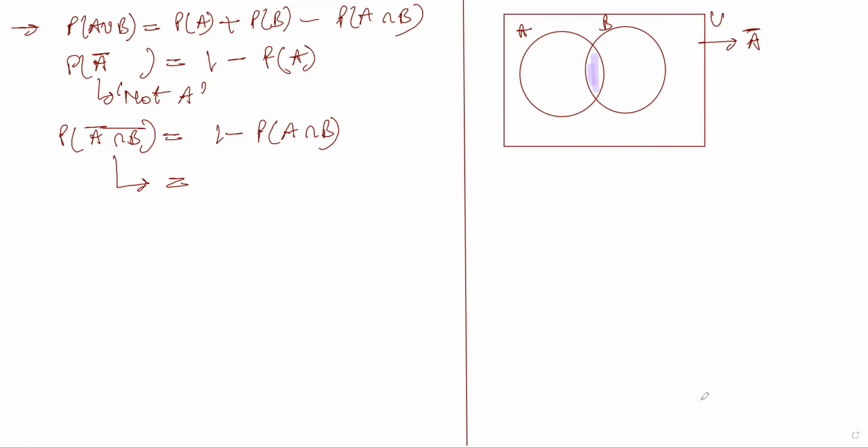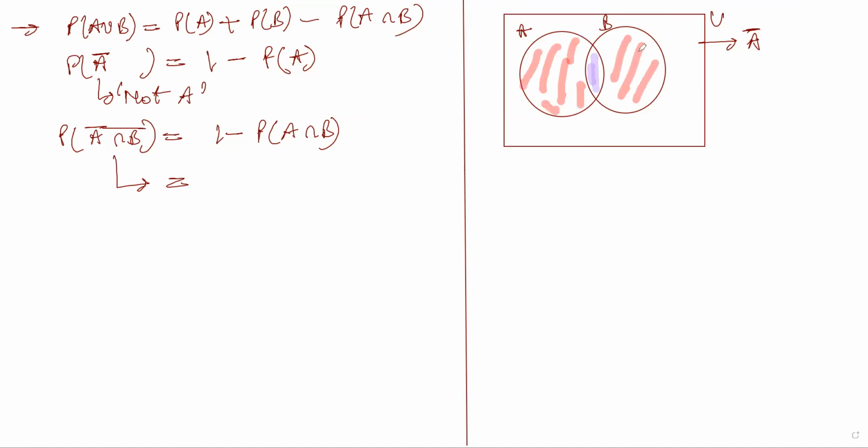And if you talk about A union B, what is the portion that represents A union B? You mean this section and this section, right?